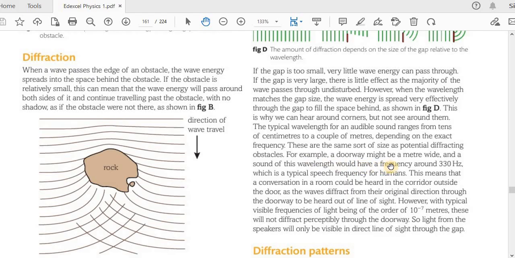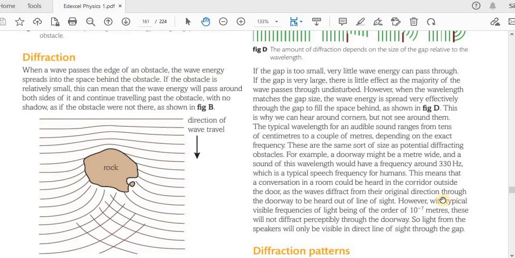For example, a doorway might be a meter wide, and a sound of this wavelength would have a frequency of 330 Hz. You can use the equation v = fλ, where v is the speed of sound, f is the frequency given, and then you can find the wavelength.